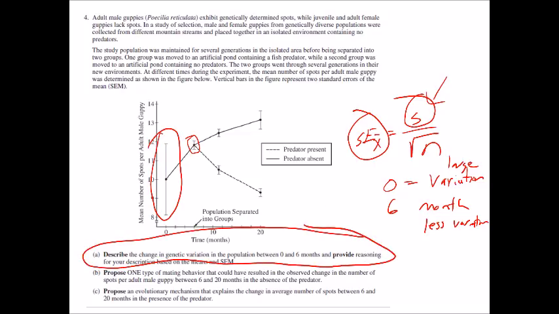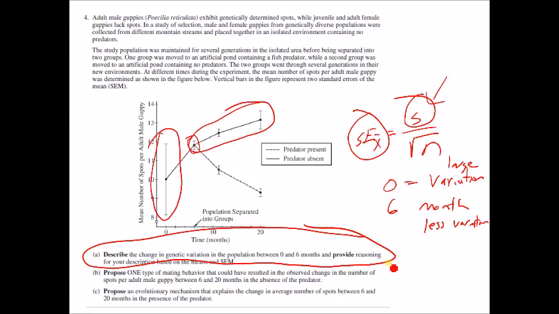Now for part B, this is a little evolution review. Propose one type of mating behavior that could have resulted in the observed change in the number of spots per adult male guppy between 6 and 20 months in the absence of a predator. Well, this is the absence of a predator line. And notice when there's no predator present, the number of spots increases.